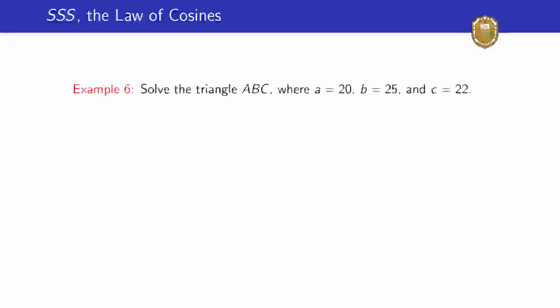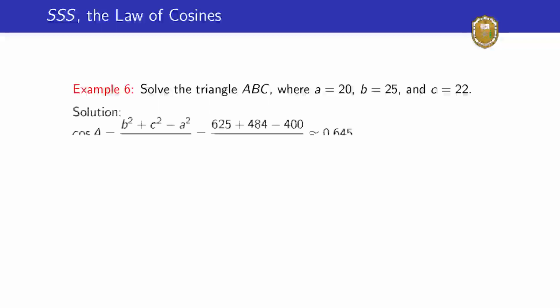The last example is example 6, where we are given 3 sides and no angle at all. So that is referred to as the case SSS. The example says solve the triangle ABC, where length a is equal to 20, length b is equal to 25, and length c is equal to 22. So from the law of cosines, we see that cos A is equal to b square plus c square minus a square divided by 2bc.